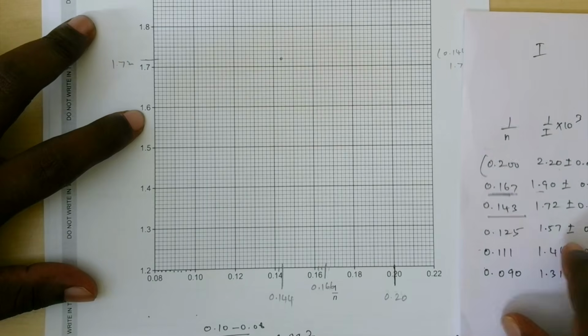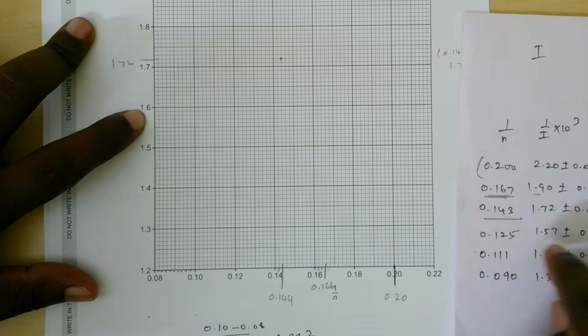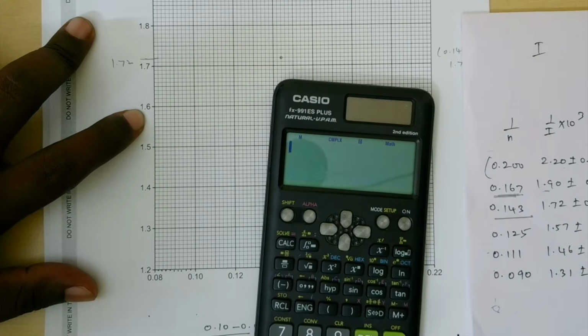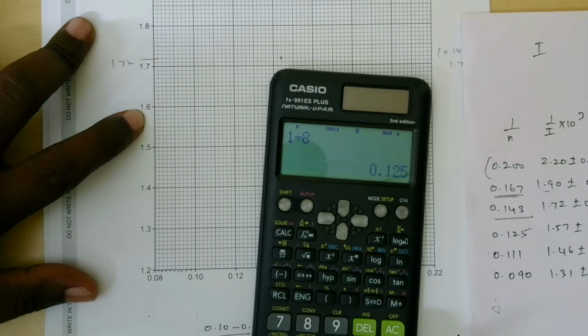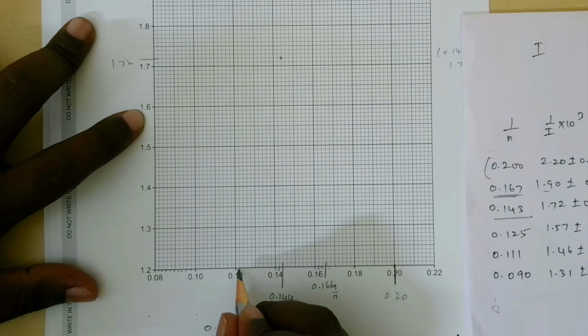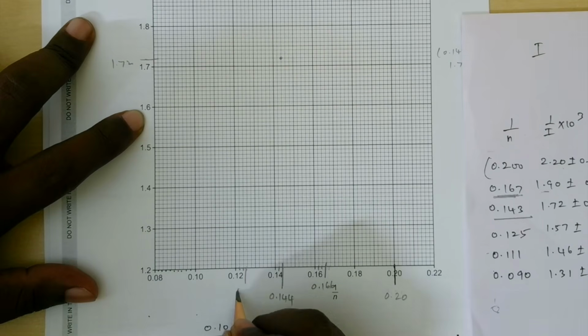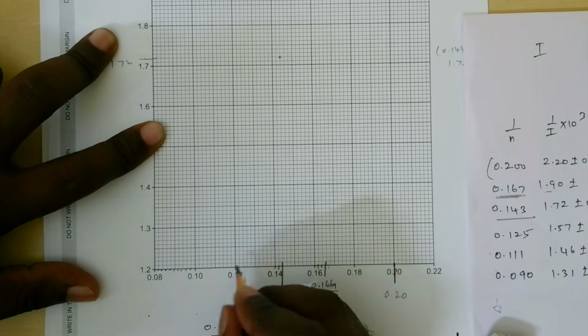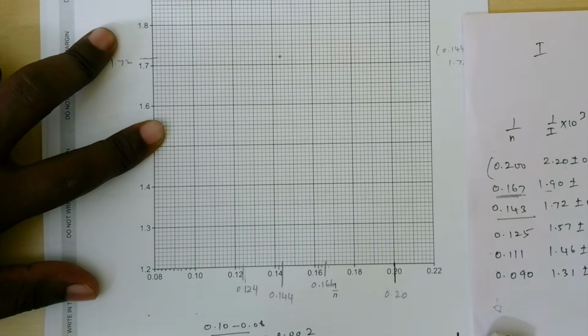Next 0.125. 0.125 belongs to 1 by 8. 1 divided by 8 is exactly 0.125. So 0.12, 122, 124, 126, between these two. So 0.124.